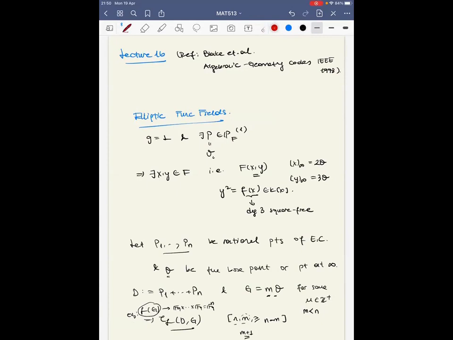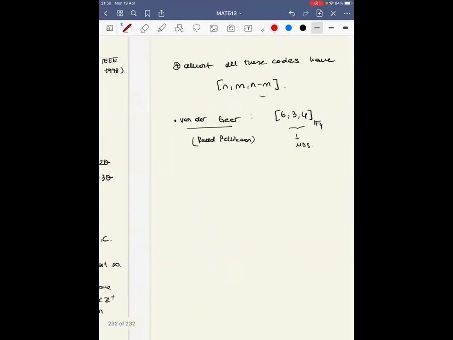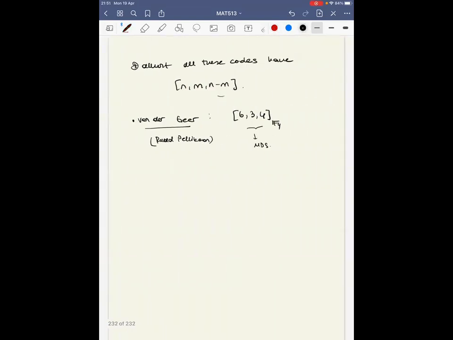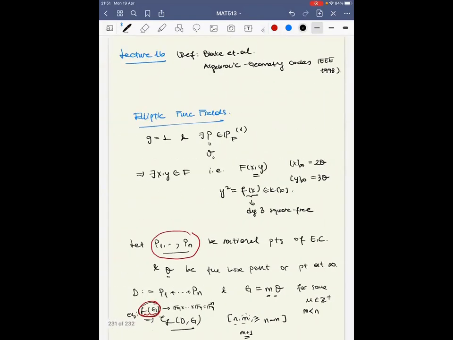For instance, if we want to produce a generator matrix, we want to write the explicit basis of the Riemann-Roch space L of G, and obviously the length of the algebraic geometric code is closely related to the number of rational points. First, let me try to explain what the dimension can be, and whether it is possible to write the basis of the Riemann-Roch space L of G when G is of the form m times O.